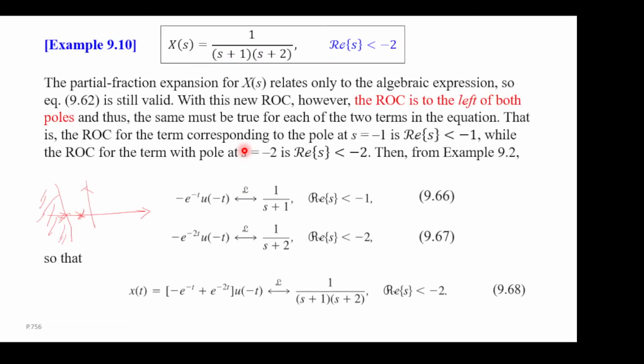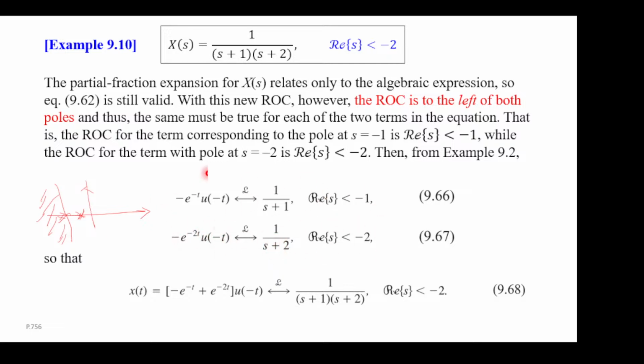It's on the left side of both poles, so for both fractions you should pick the left-sided ROC. For the fraction with the -2 pole, you pick the left side, and for the fraction with the -1 pole, you pick the left side. So you get two left-sided exponentials, e to the minus t times u of minus t, and e to the minus 2t times u of minus t.